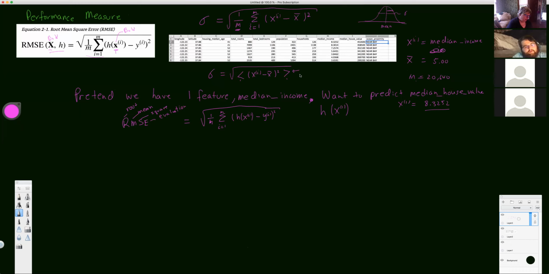Did you say 0 what? 0.32651. Oh, yeah. So what do we have to do to figure out what we need to multiply the median income by to get the median house value for this? What operation do we need to do?